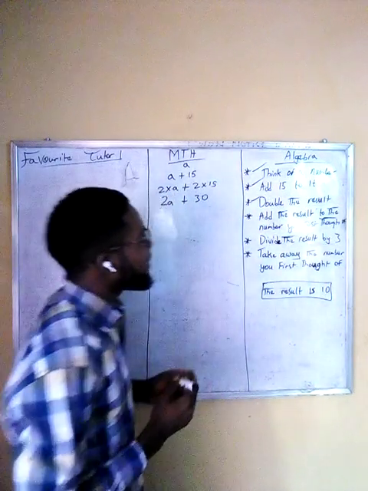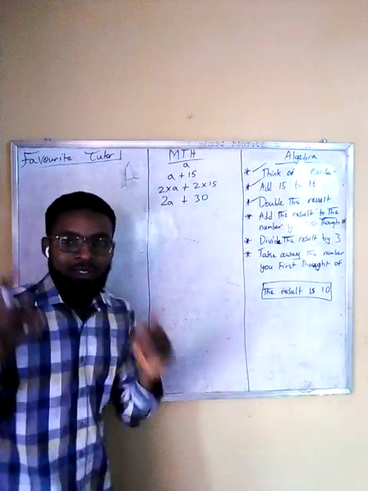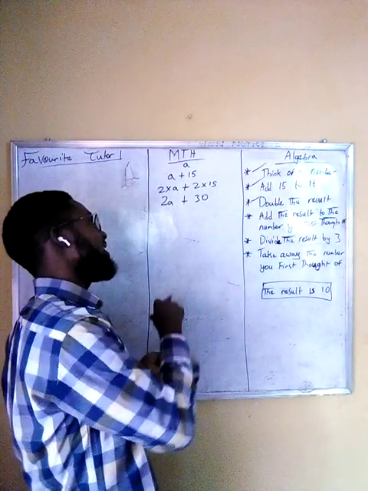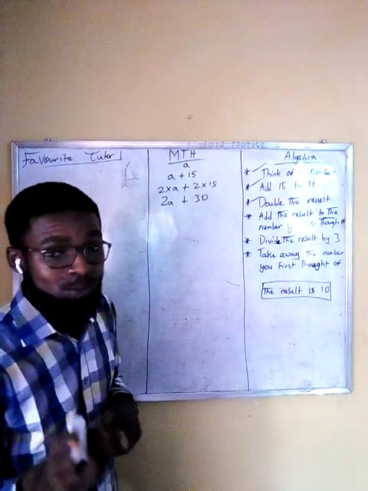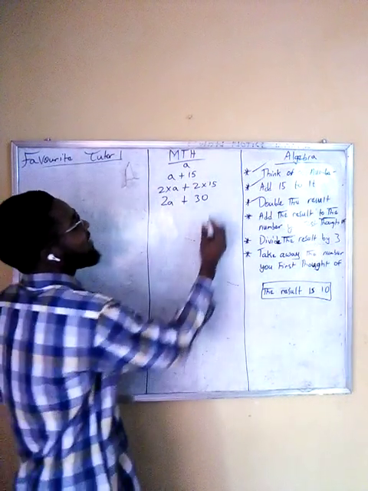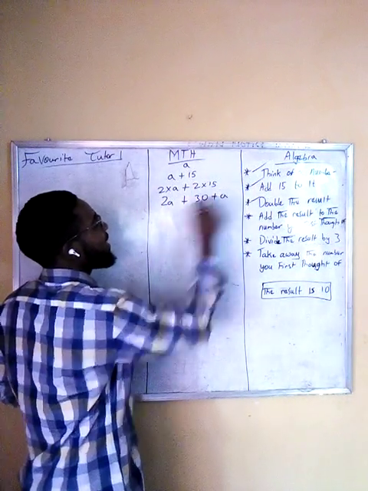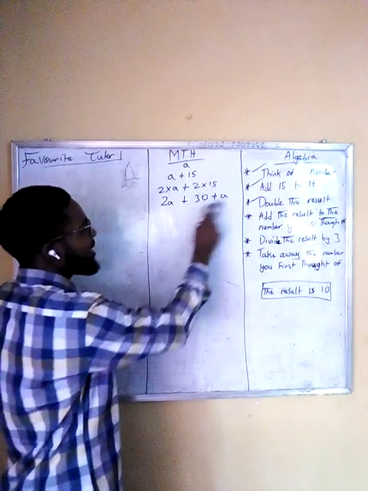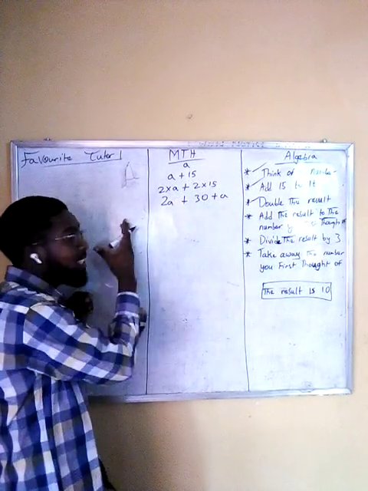Add the result to the number you first thought of. So that original number, we should add it again. What did I use to represent your number? I used A to represent your number. So we add it again. Plus what? A. All right, these two, they are like terms. What do we do? We collect like terms.